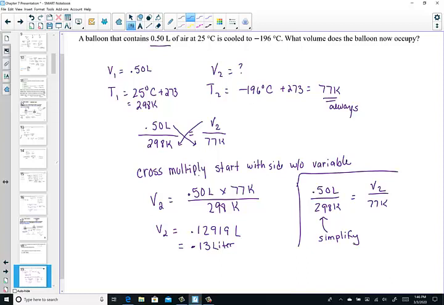So if I did 0.5 divided by 298, I get a number, 0.001677, and the screen goes on. Now you can see that you would need to multiply both sides by 77 to cancel this and isolate your variable. So when you did that, you absolutely get the same number.